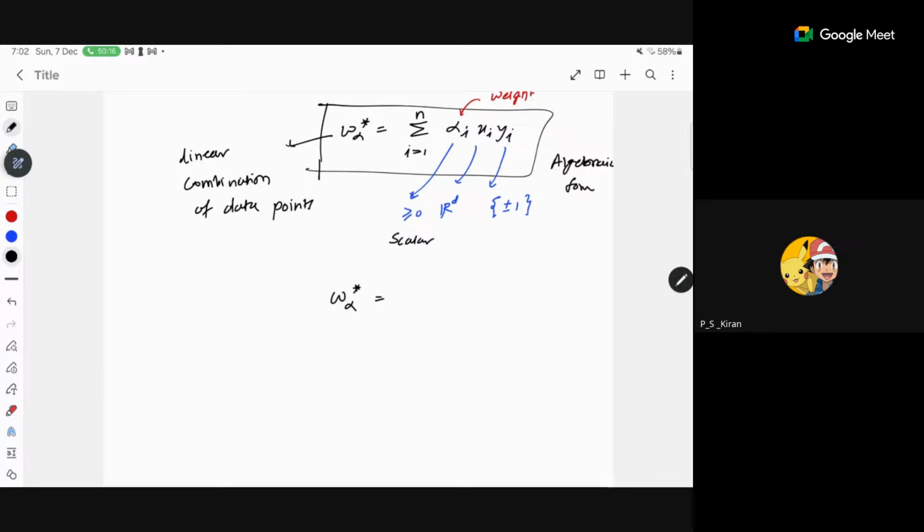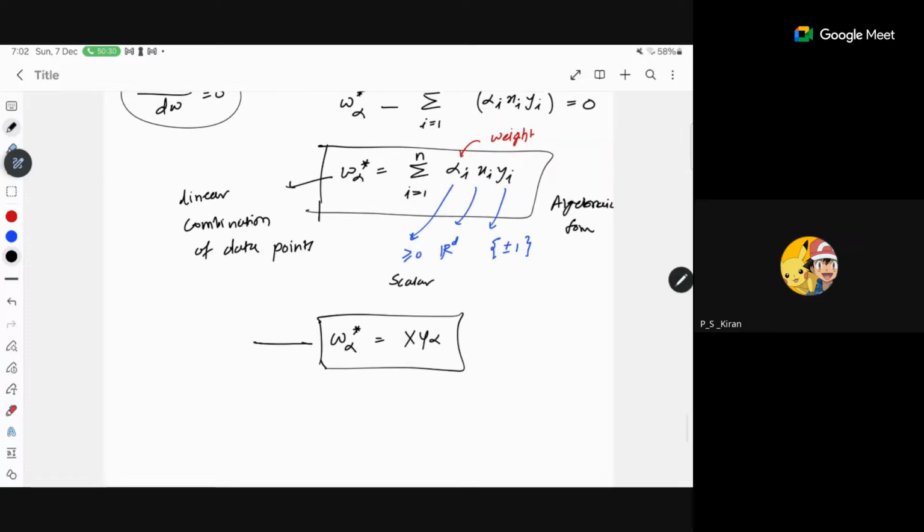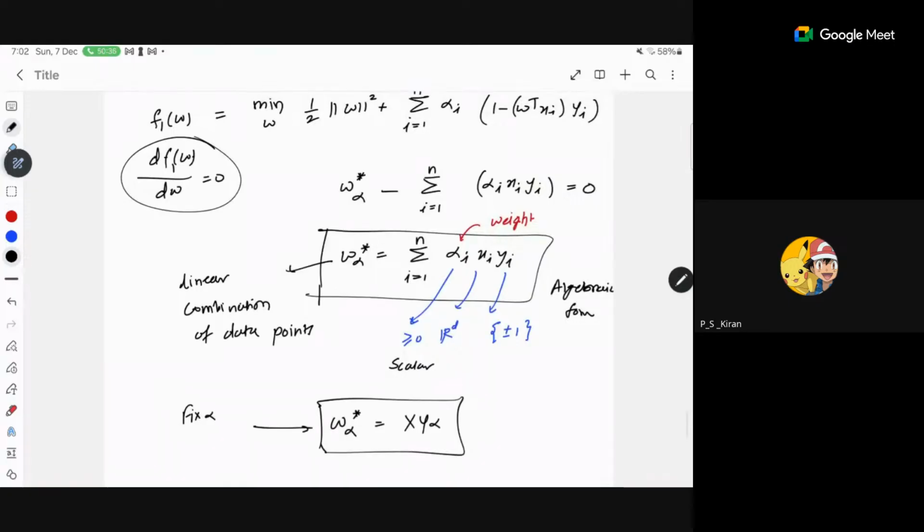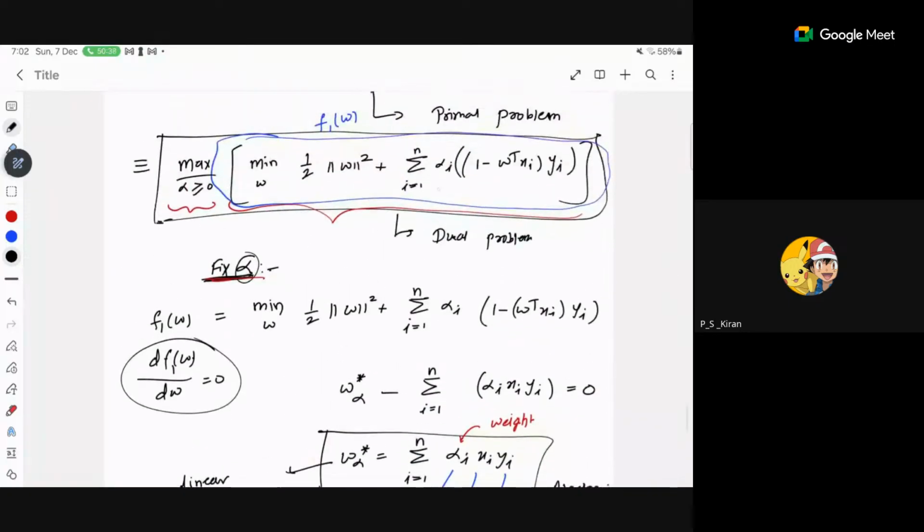How can I write this in vector form? XY alpha. I will not explain what XY alpha is now, because I think I have already said this. What you do next is, this is the solution for fixed alpha, right? Fixed alpha. Now I wanted to find alpha star, so I substitute this into the dual equation.